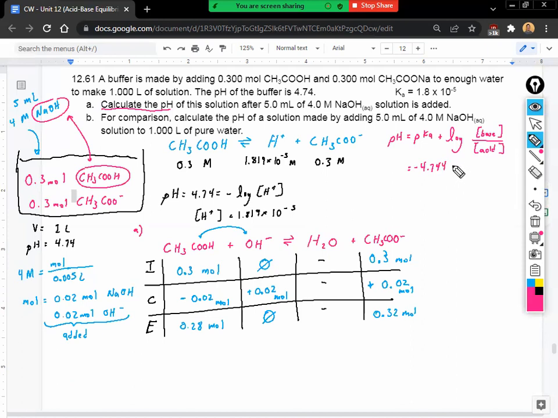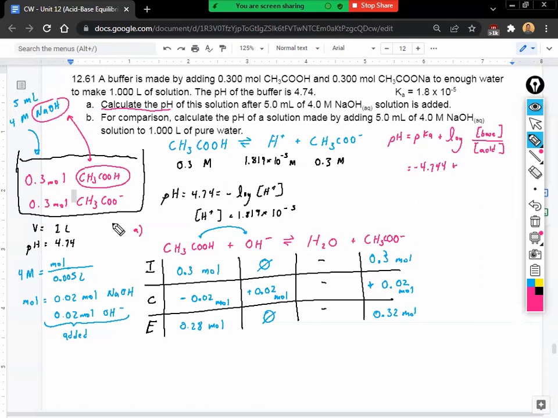Okay. And then we're gonna add that with the log of the concentration of base divided by the concentration of the acid. Now, we need to be very careful here because we have to divide by the volume, which is not 1 anymore. It's gonna be a very small difference, but if you guys notice, we added 5 milliliters.